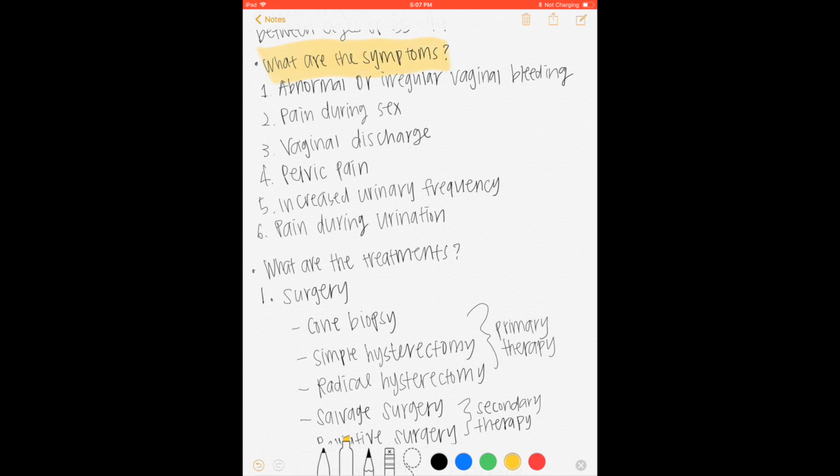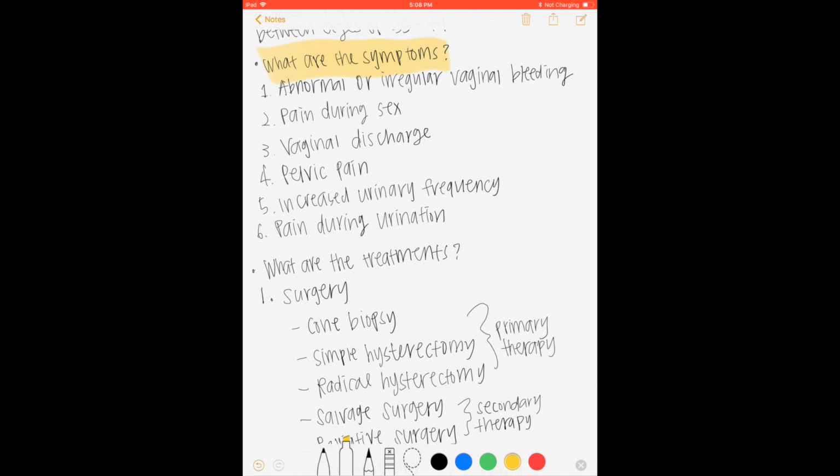Precancerous cervical cell changes and early cancers of the cervix generally do not cause any symptoms, but there are possible symptoms, which are abnormal or irregular vaginal bleeding, such as bleeding between regular menstrual periods, after sexual intercourse, after douching, after a pelvic exam, after menopause.